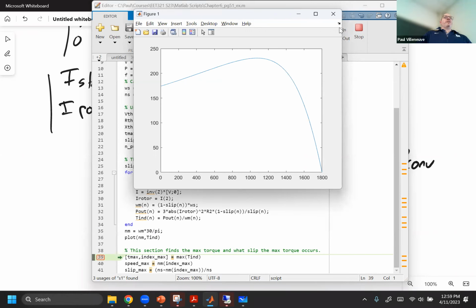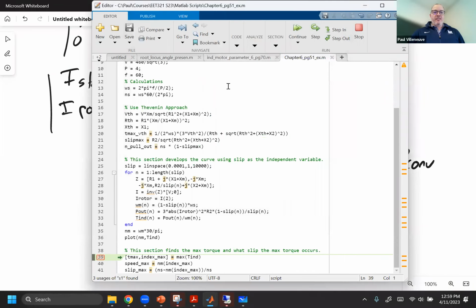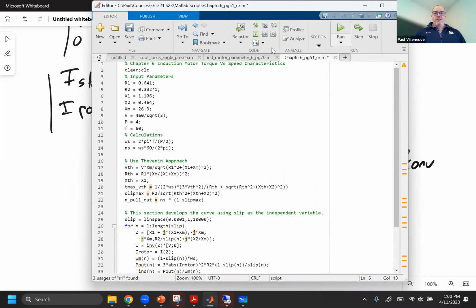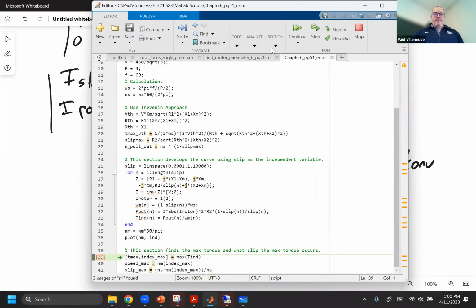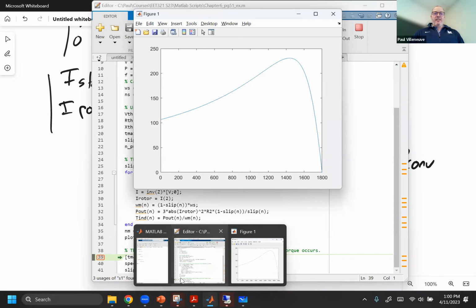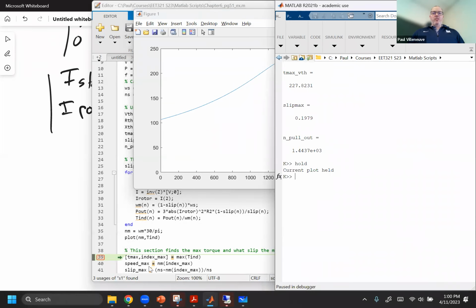Did you see the difference between the first one and the second one? Quite different, right? If you didn't see it, one of the things we can do is this. Let's try this again. We'll run. That's the original. Then I believe if you type hold, it'll hold that plot.